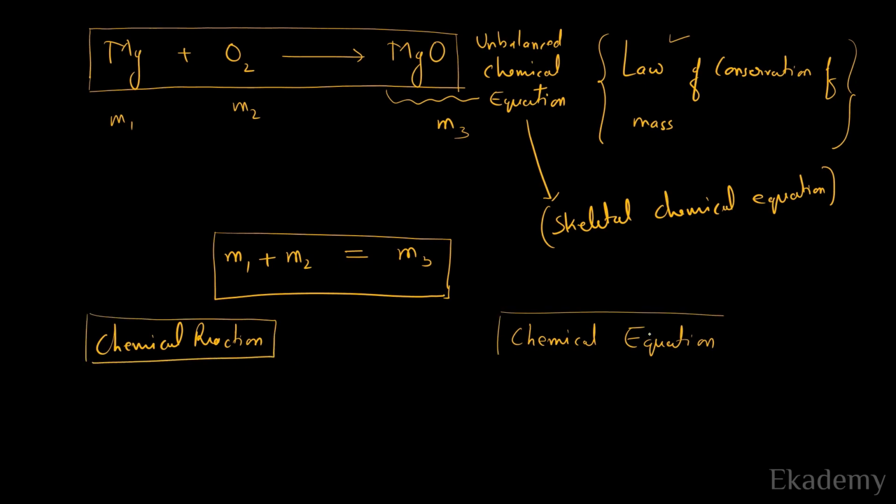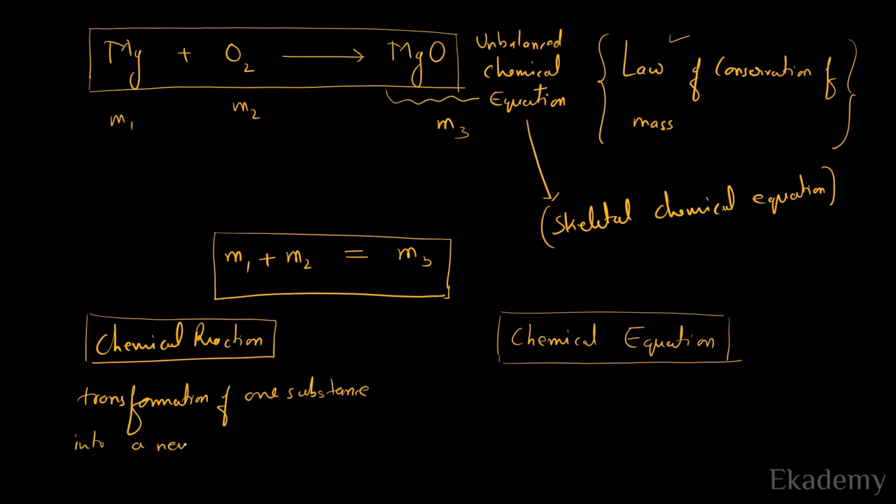So, a chemical reaction is the transformation of one substance into a new substance, right? And a chemical equation is basically a way to represent a chemical reaction.